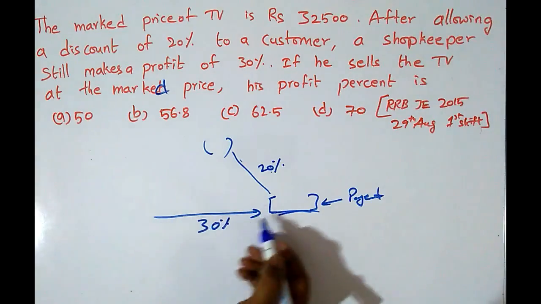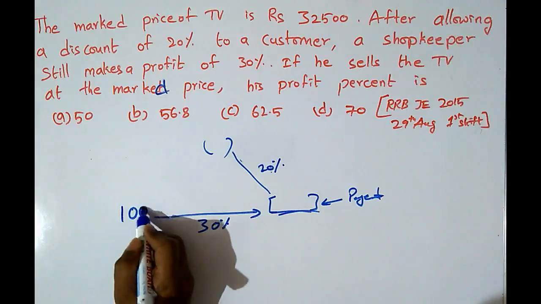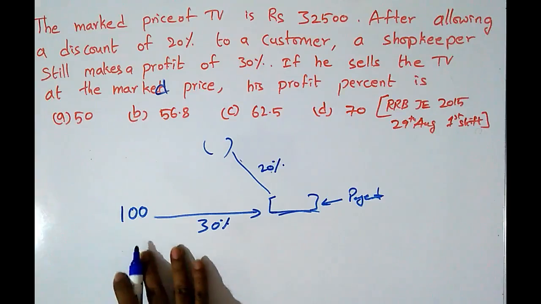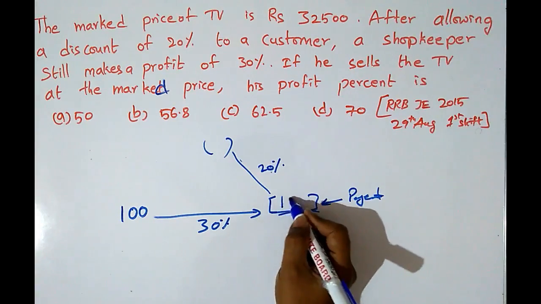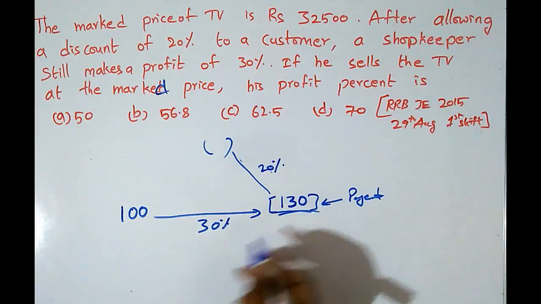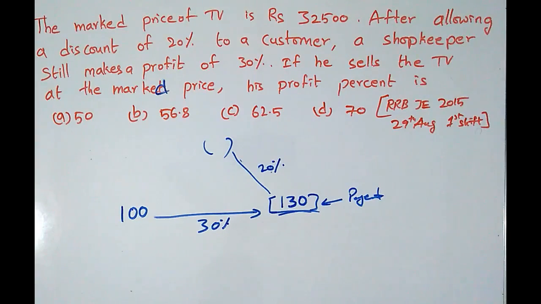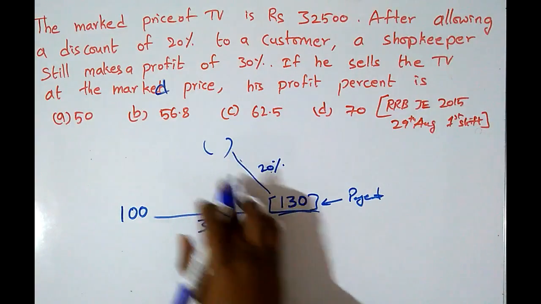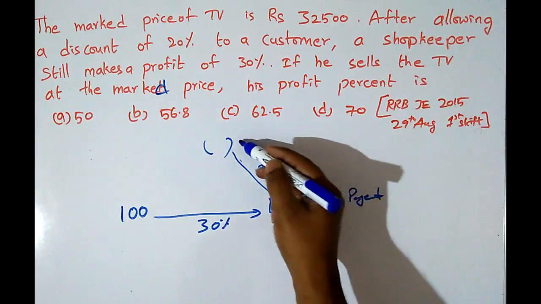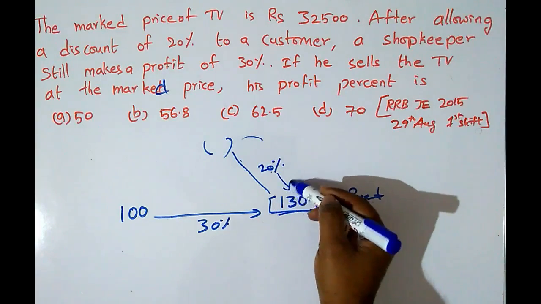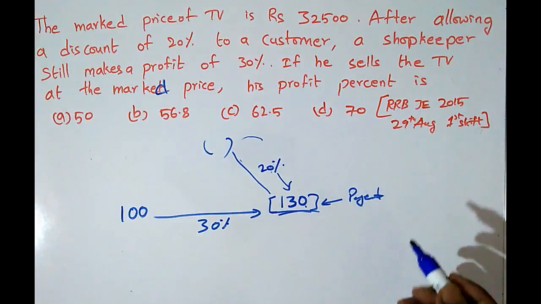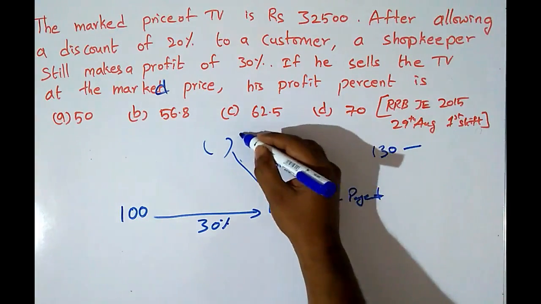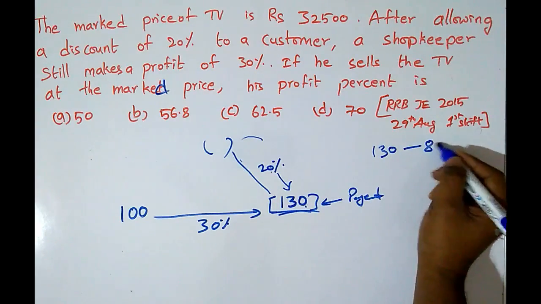Okay friends, we will consider 100 as the cost price. Then the selling price will be 130. Then what will be the market price? This 130 should be after the discount of 20%. In the sense, 130 corresponds to, suppose if this is 100, this should be 80, friends. Am I right?